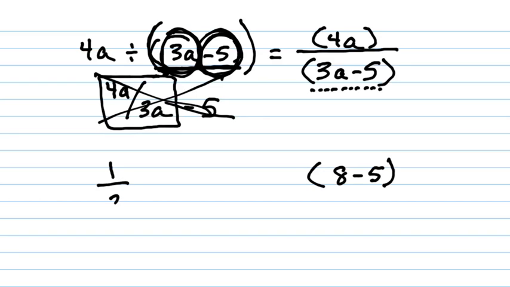So 1/2 really means 1 in a bracket over 2 in a bracket. They're always there. We simply don't write them because we don't have to. We get to assume they're there, right? Okay?